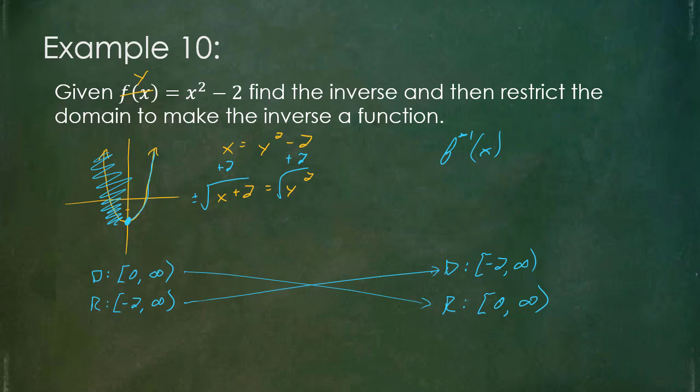So at this point, we would need to think in terms of, okay, I've got the square root of x plus 2 as what apparently I'm going to call the inverse function. I'll just write it as y here, and then over here I'll write it as the square root of x plus 2. But I need to decide out of the plus or minus which one is more appropriate based on how I just restricted the domain.